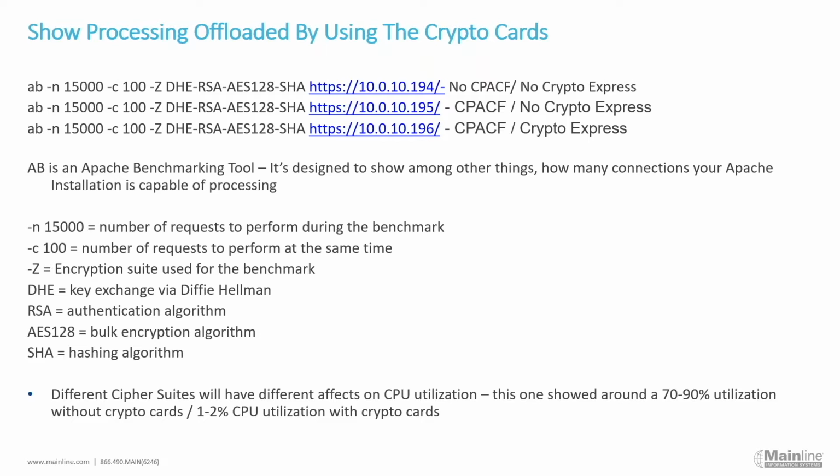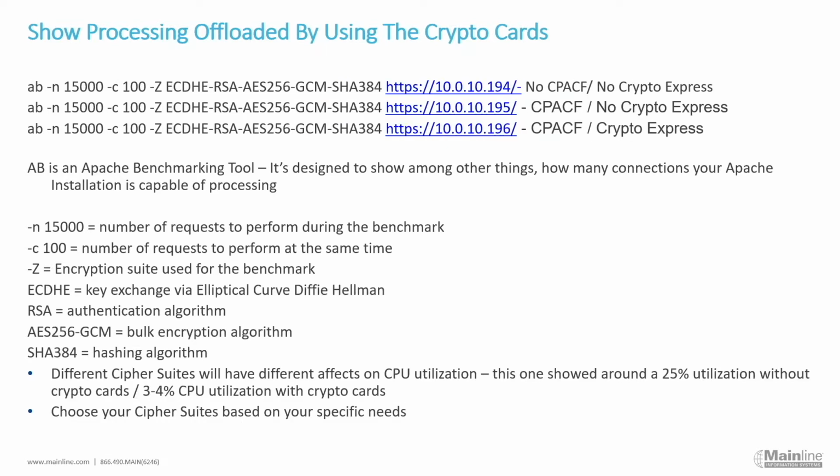What you'll find is that the different cipher suites that you use will have different effects on the CPU utilization. In this particular one, you're going to see very high utilization on the CPU, and then a very significant reduction when you use the actual crypto cards themselves. We're going to do a second test just to show you the difference.